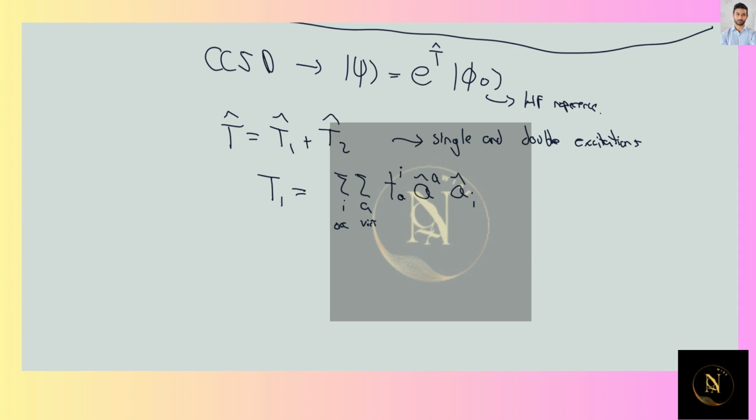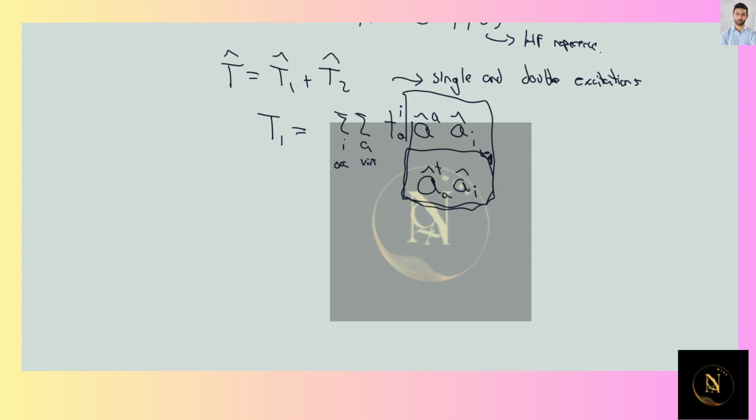corresponding to this. Depending on the case that you're dealing with, sometimes this is going to be the notation. This can alternatively be seen as a dagger a, a dagger a_i. Depending on the notation you're employing, you're going to have different expressions. Most of the chemistry textbooks are going to employ this second notation for the cluster operator.